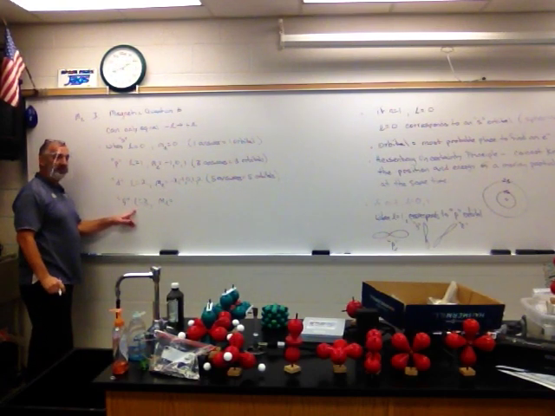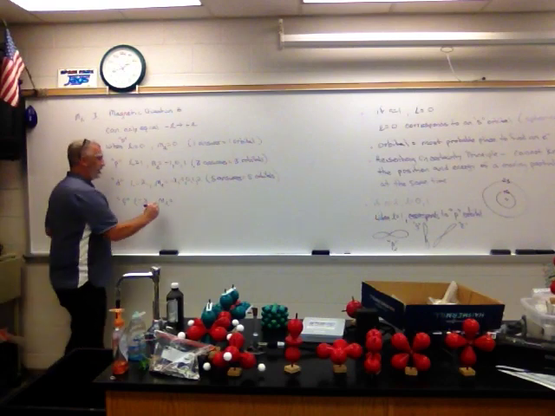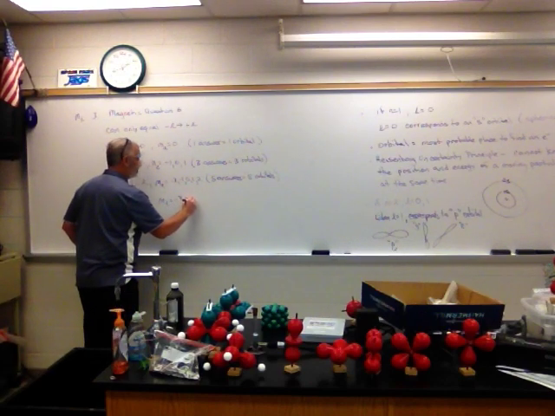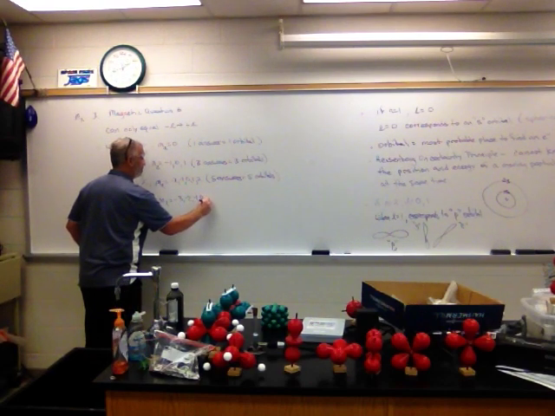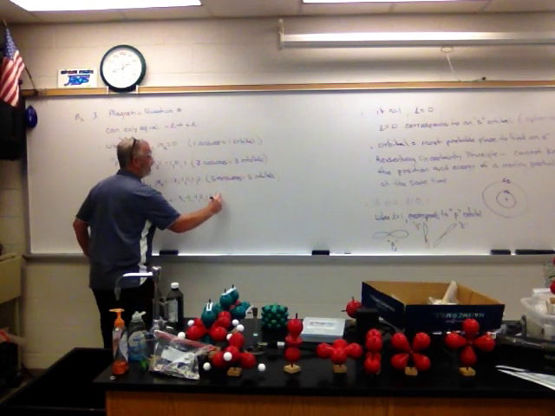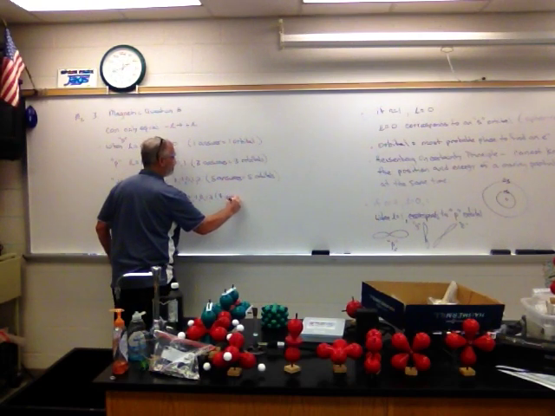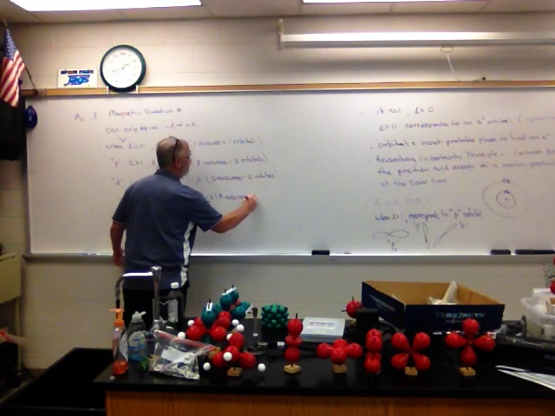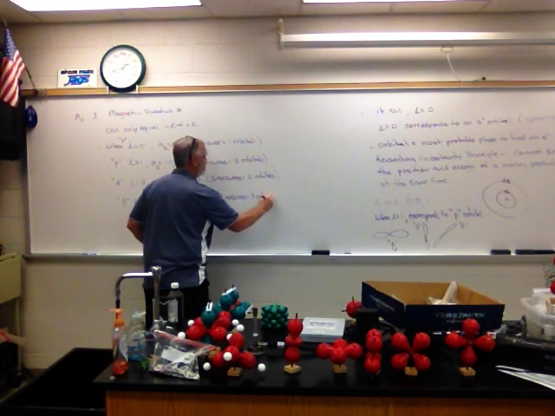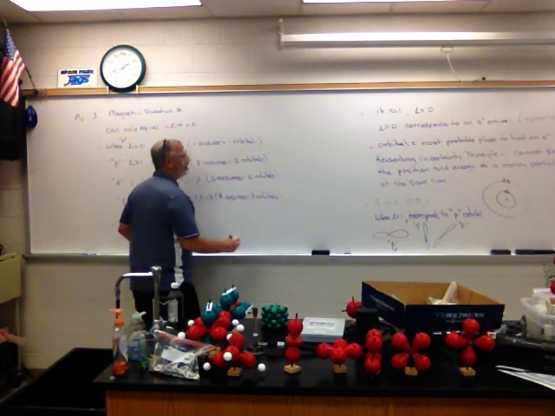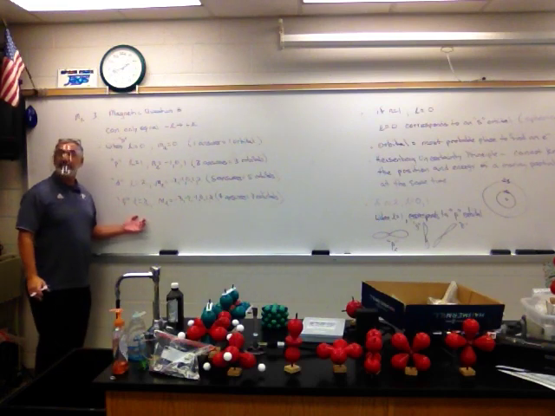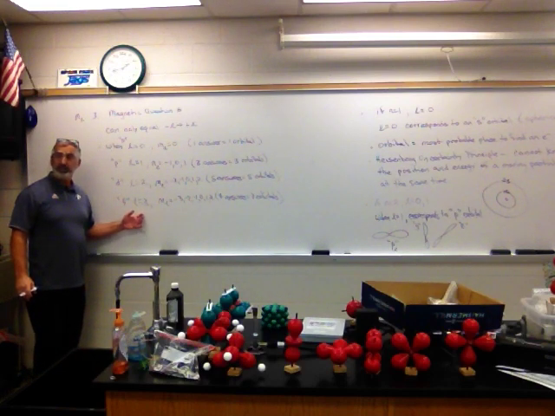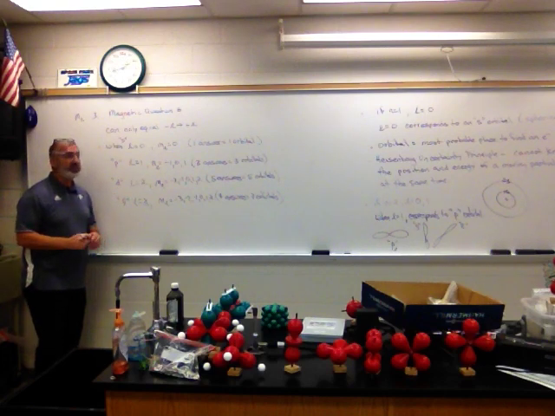And l equals 3: -3, -2, -1, 0, 1, 2, 3. 7 answers equals 7 orbitals. So on the f sublevel, there are 7 different orientations in space, all equal energy, 7 ways in which it can be. So it's a pretty complicated thing.